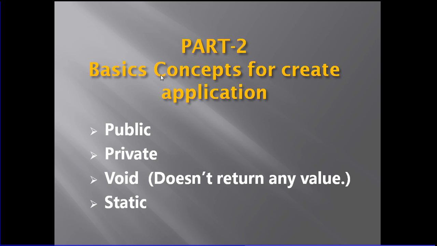So this static, private, public, everything is used to create any application, not only library management and the POS system. In every project, whenever you use C# or any concept, at that time you should know about these four concepts. Okay, so it is one of the basic and important concepts to create an application.